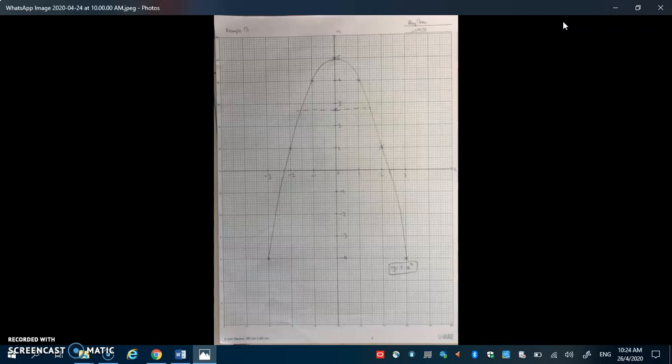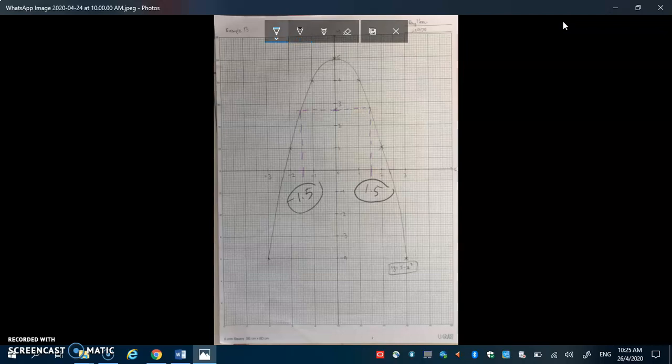You draw until you hit the graph. And then you go down, use your ruler, and you read off. When you read off, you will get -1.5 here, and over here you get 1.5. Those are your two values of x.